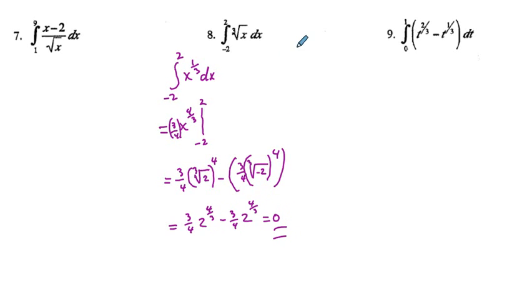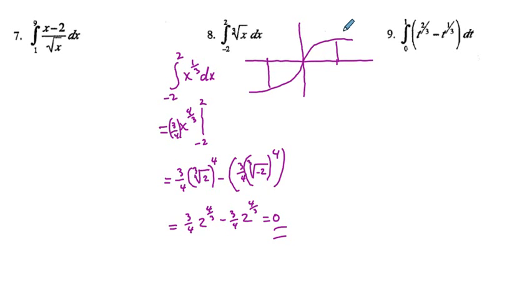Well, the thing about it is, with this particular problem, if you were able to spot what kind of function this is, it's what's known as an odd function, which means that you have rotational symmetry about the origin. So if we go from negative 2 to 2, we're talking about the area under the curve. So this is what the function looks like.